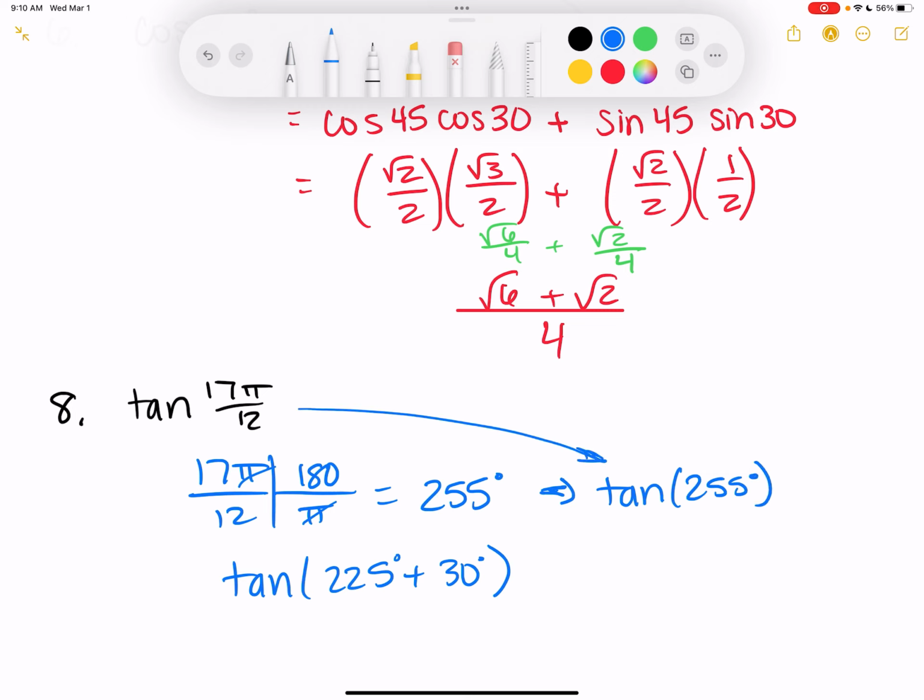Now, the only time I will say don't convert is if we're doing the reverse. So if we were given, I don't even know if your book does the reverse of it or not. Okay, your book doesn't do it.